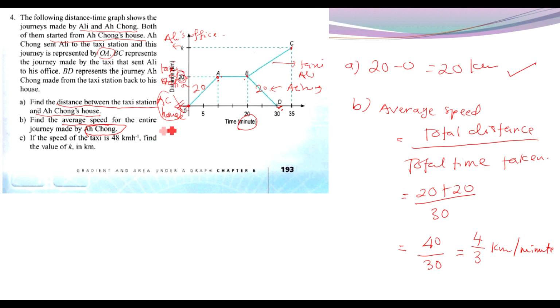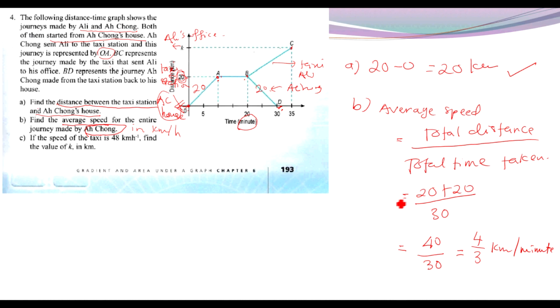Because the question didn't ask you to find in any unit. But what if the question said find the average speed for the entire journey by Ah Chong in kilometer per hour? This one I'm using kilometer per minute. What if the question asks you to use kilometer per hour?